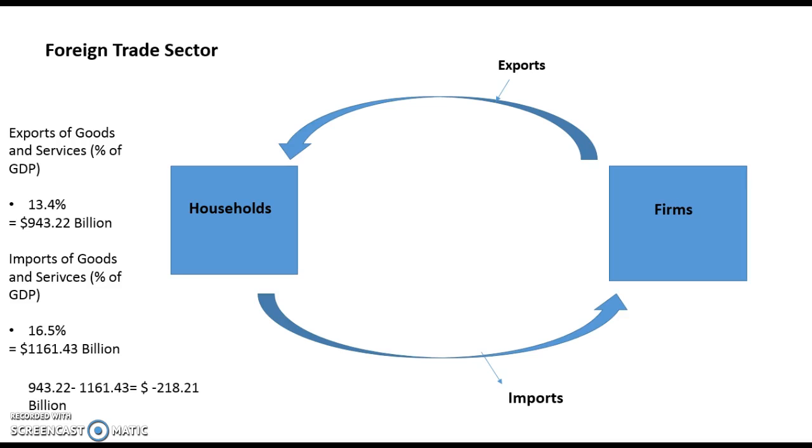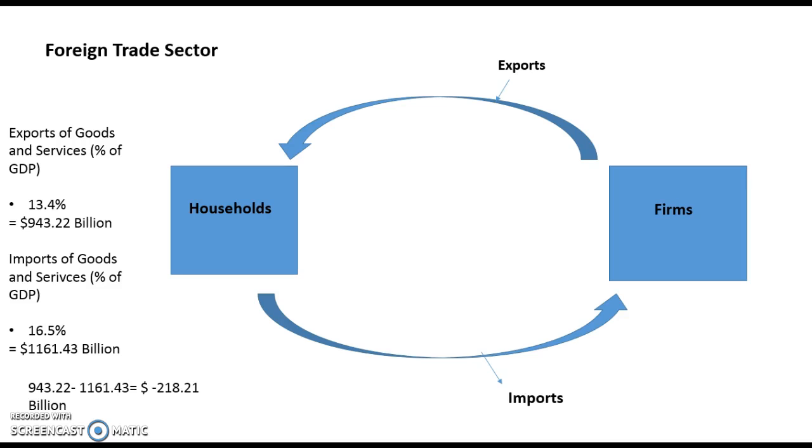Now we subtract the two numbers to see if the United States is at a trade deficit, meaning imports are greater than exports, or a trade surplus, which is vice versa, meaning there's greater export than import. This data is taken in the year 2014.